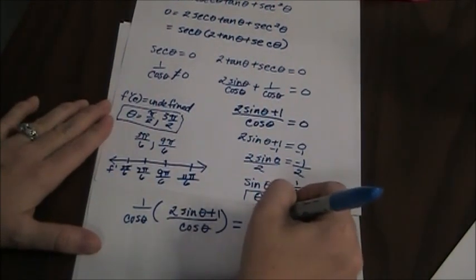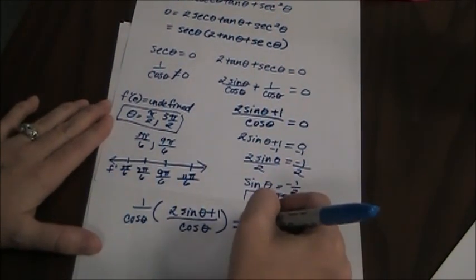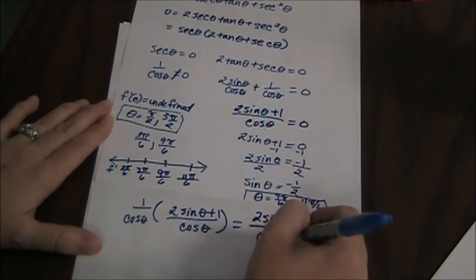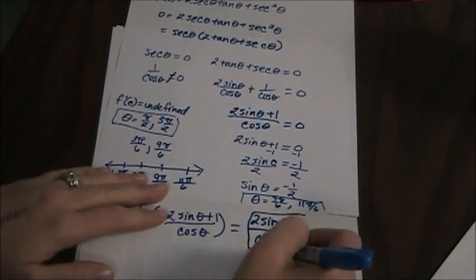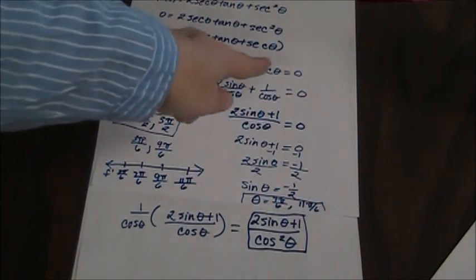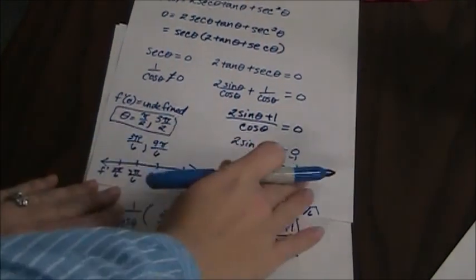So my derivative is 2 sine theta plus 1 over cosine squared theta. And it's easier to work with something that looks like this, because if it's a quotient, I can think top's positive, bottom's positive, whole thing's going to be positive, rather than trying to work through this form of the derivative up here. So we have to reason through whether we are going to have increasing or decreasing on my intervals on my sign chart.